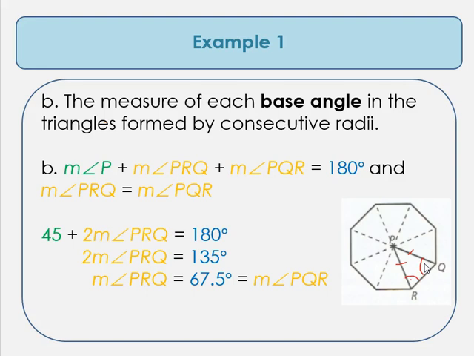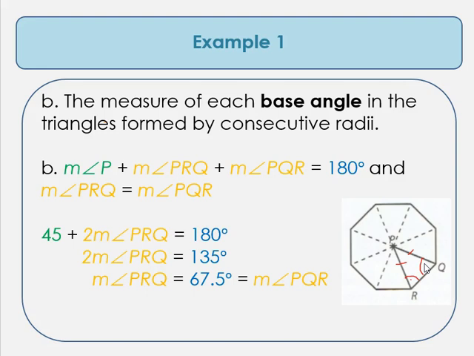Rather than rewriting these like they did up at the top of the problem, they've done mathematical substitution, and they've shortened it. We now have 2 times the measure of PRQ. Just like we do when we do our theorems, we're substituting, and because these are 2 equal base angles, we can call them the same angle.